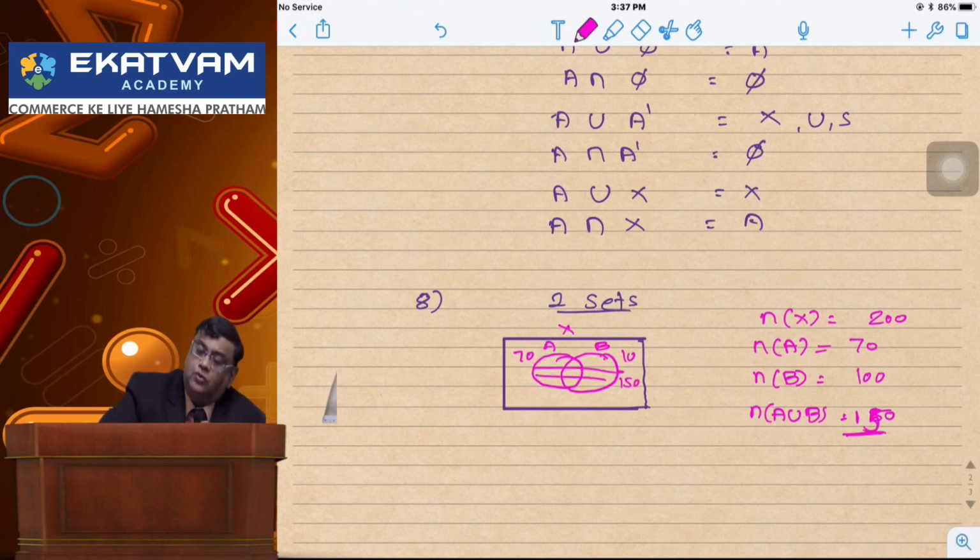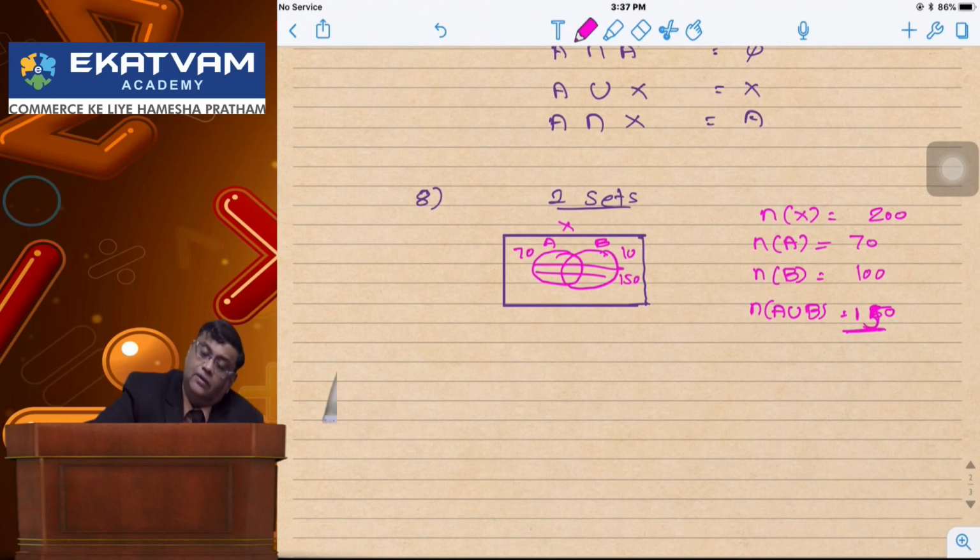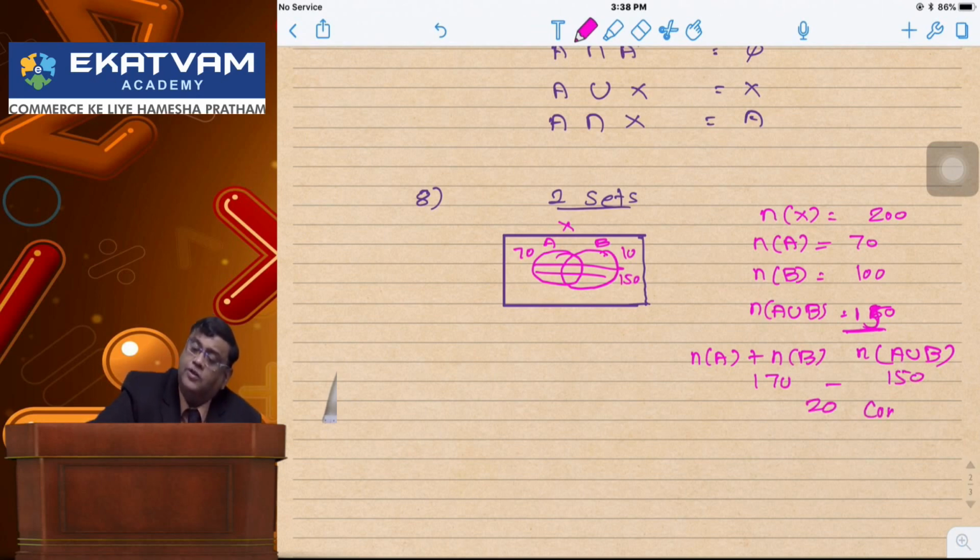If that is true, then this 150 is the total. So n of A plus n of B, the total of that is 170, but in A union B it is only 150. That means this 20 must be in the common space, and therefore the middle number will be 20.